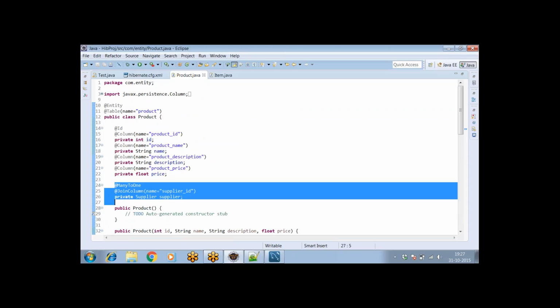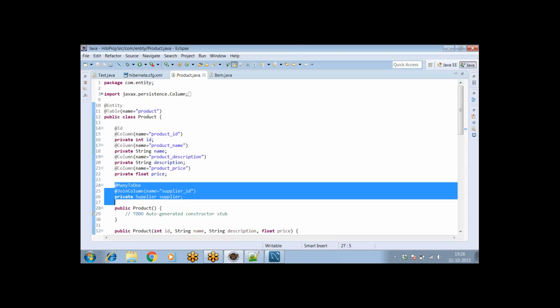So this is actually a many to one association. So always to a product object, only one supplier is associated.